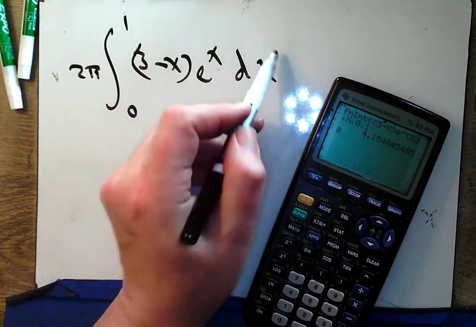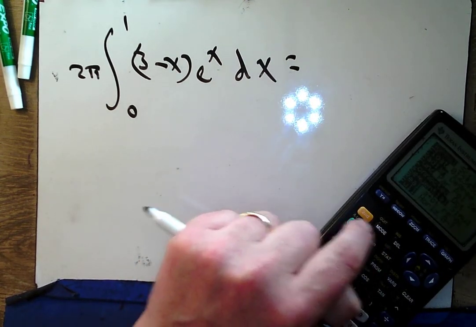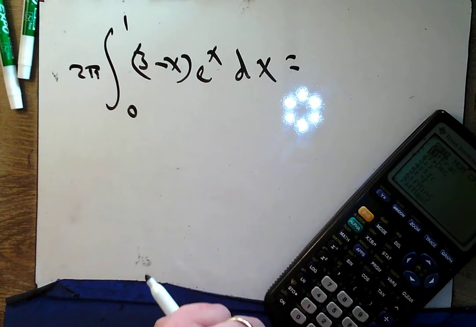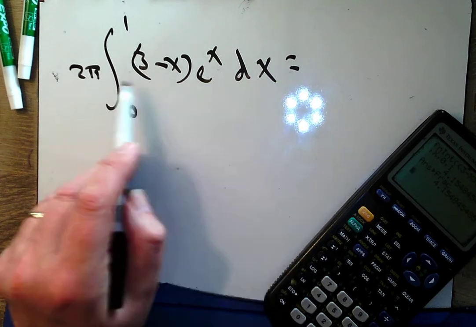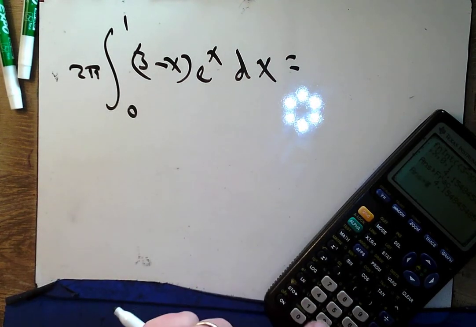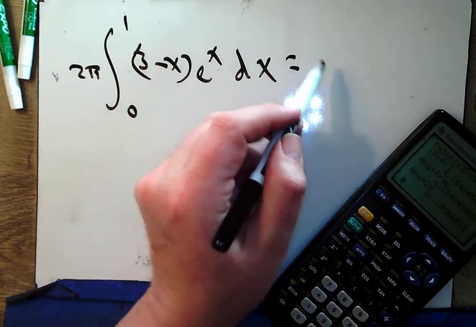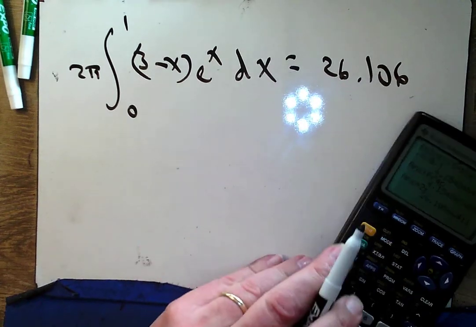And that gives me, what is that as a fraction? No, it doesn't want to make it into a fraction. Okay, times 2 pi. Okay, 26.106 is what I got.